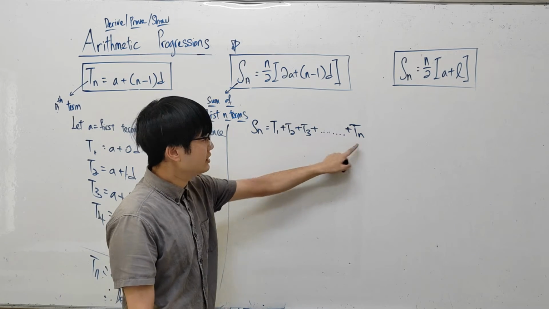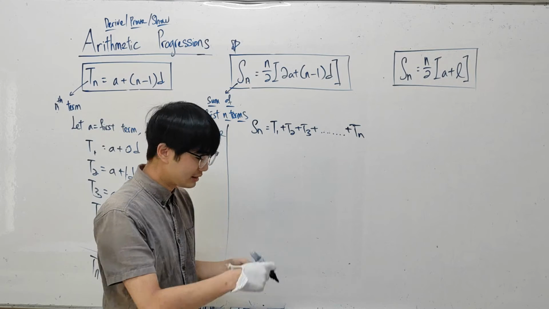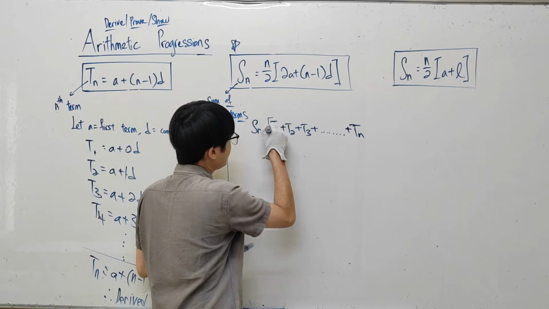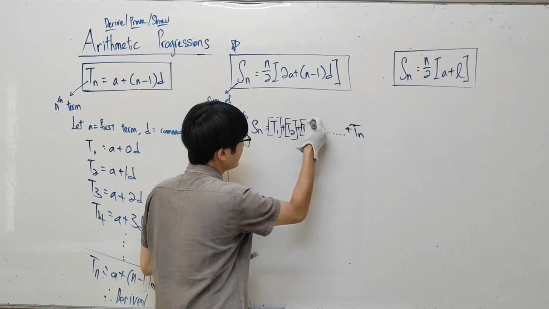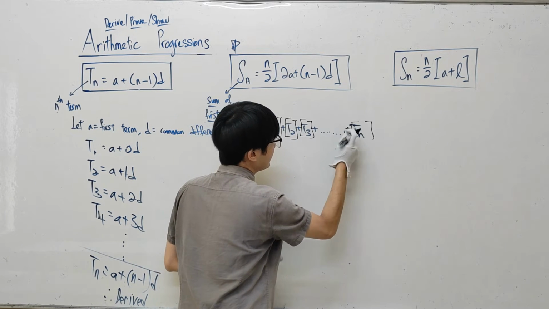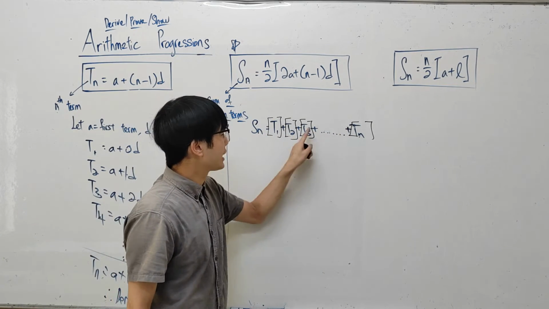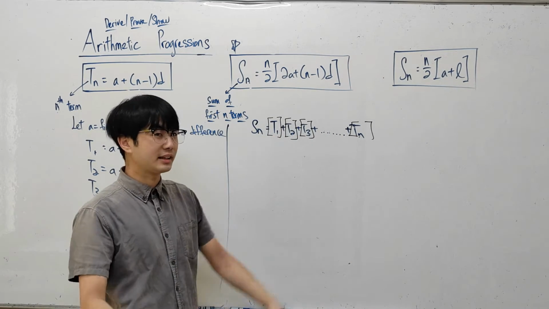If the n is 8 here, then there will be 8 terms. If this is 5, then there will be 5 terms here. So, if I put a bracket on each of the terms, can you tell me how many brackets there are here?